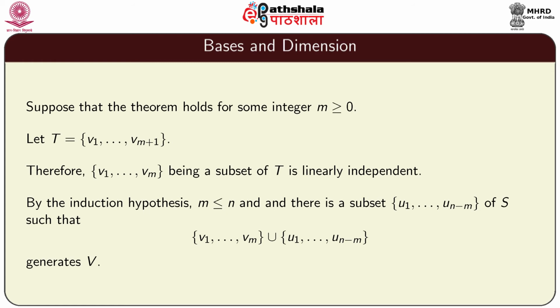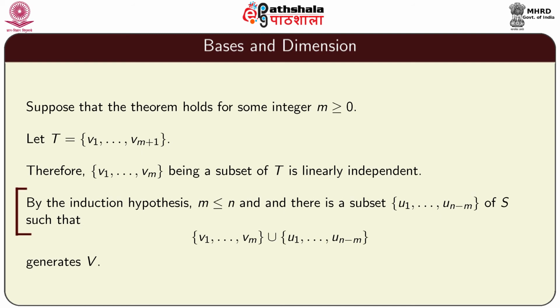Take v1, v2, up to vm, which is a subset of T. Since T is linearly independent, the set containing v1, v2, up to vm is also linearly independent, and this set has only m vectors.